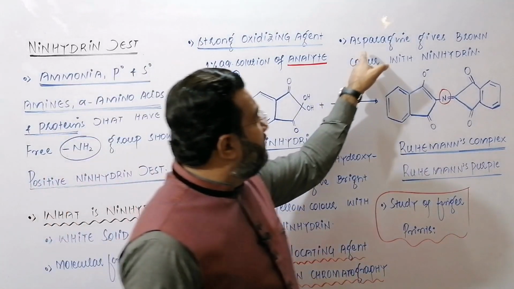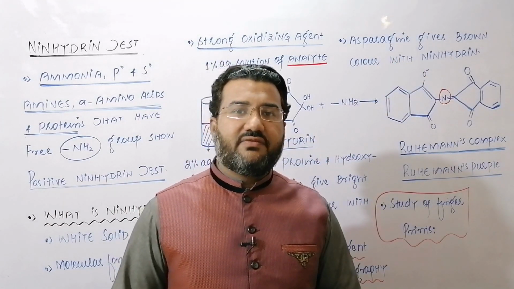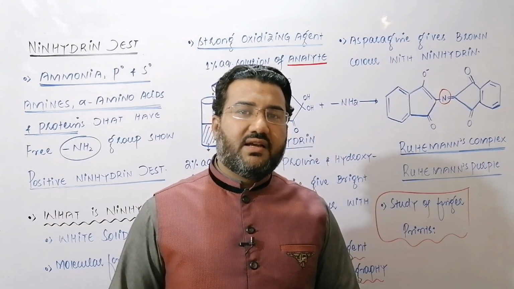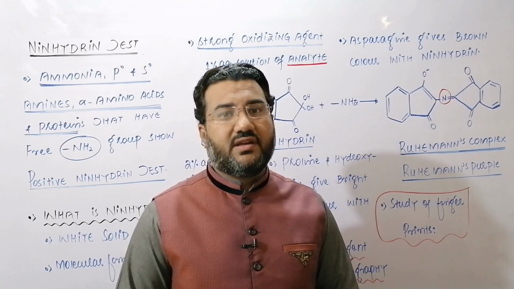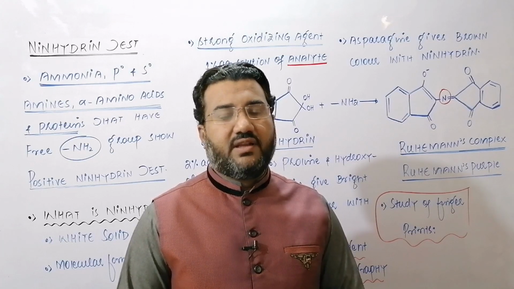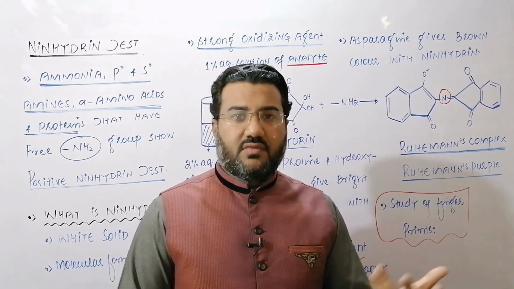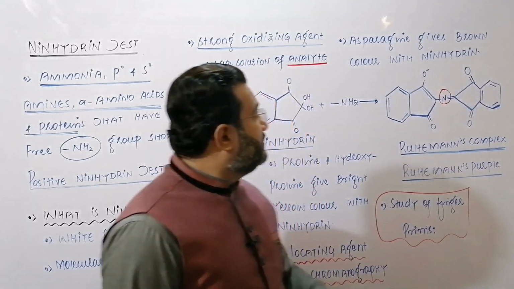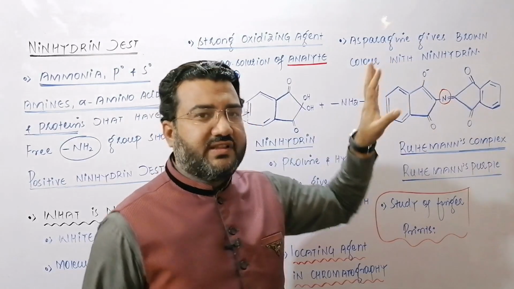Now, dear students, asparagine gives brown color with ninhydrin because in asparagine there is an amide group present in its structure. Again, you will have to look at the structure of asparagine from my video lecture or from the internet, whatever is feasible for you. So asparagine, because it has an amide group, gives brown color with ninhydrin.